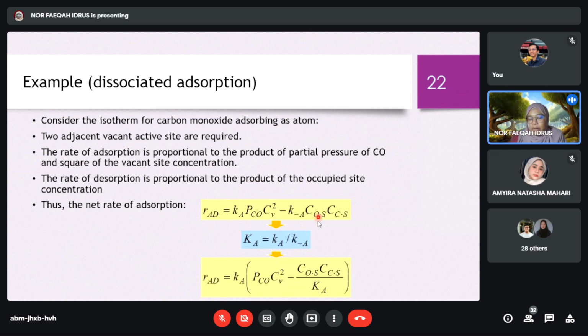Then relate it with the thermodynamic relation for the adsorption equilibrium rate constant.